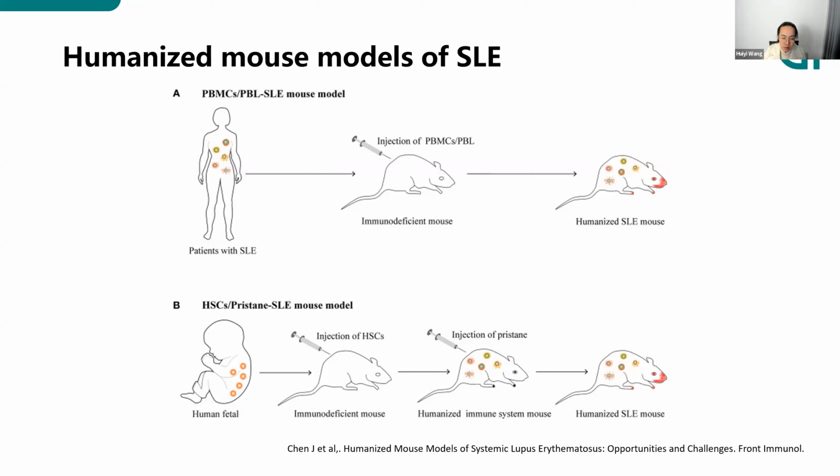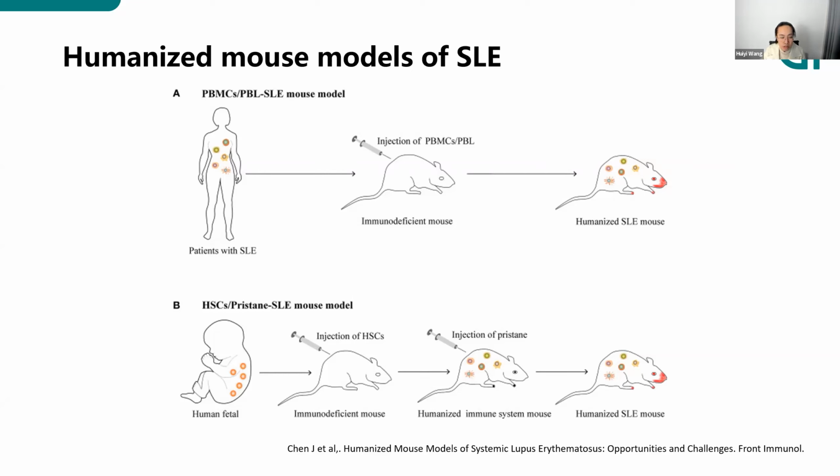But as we all know, the occurrence of SLE is not induced by T cells only, but also B cells. So if your test article targets CD20 or CD19, this mouse model is not a good choice.